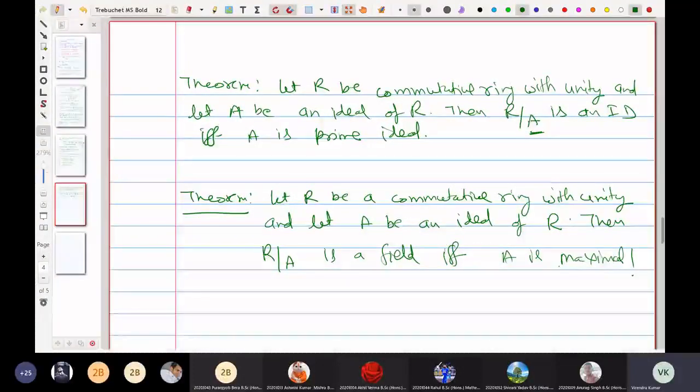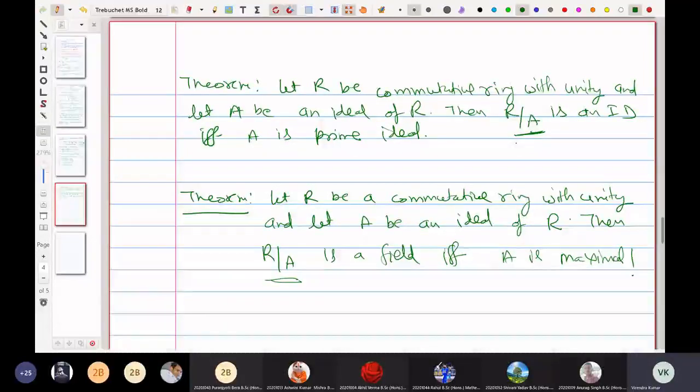So for this factor ring R by A to be a field, A has to be maximal, and conversely. And for R by A to be an integral domain, A has to be a prime ideal.